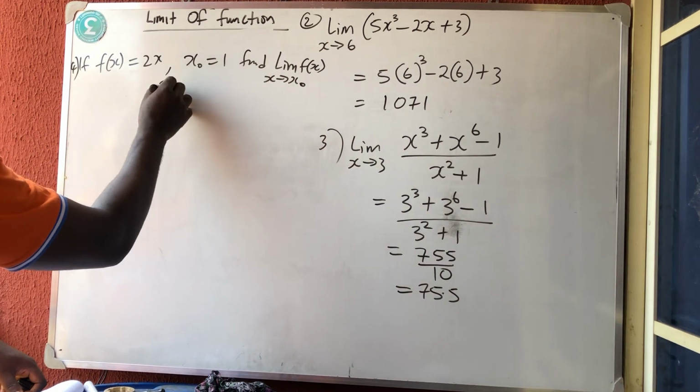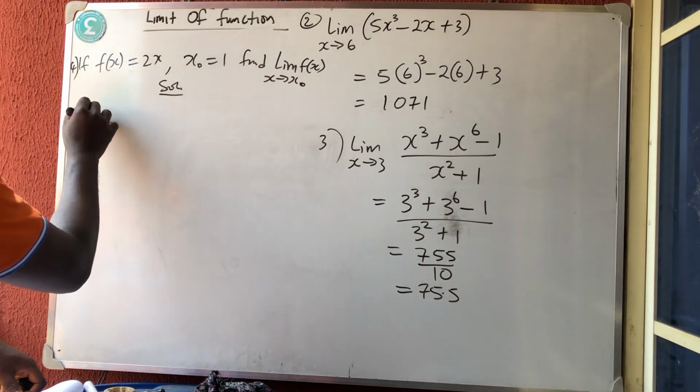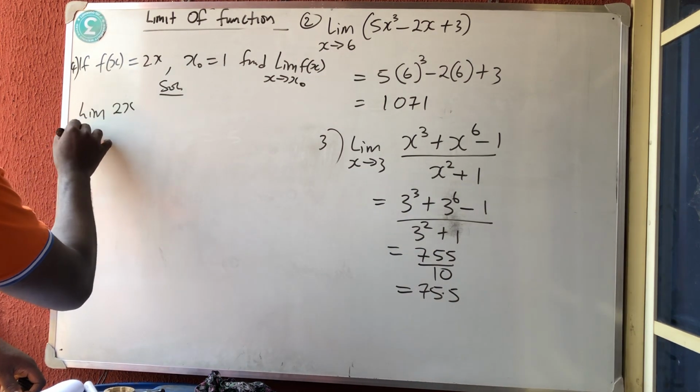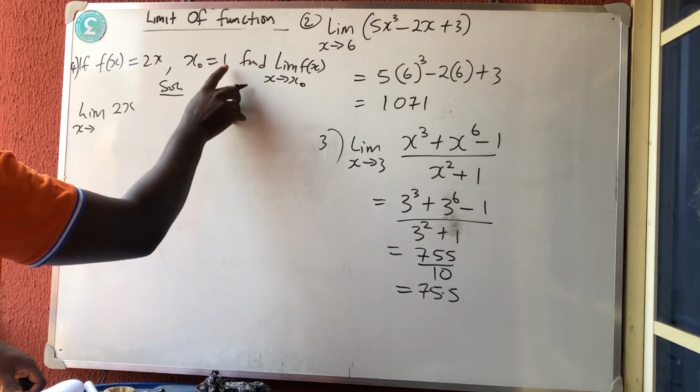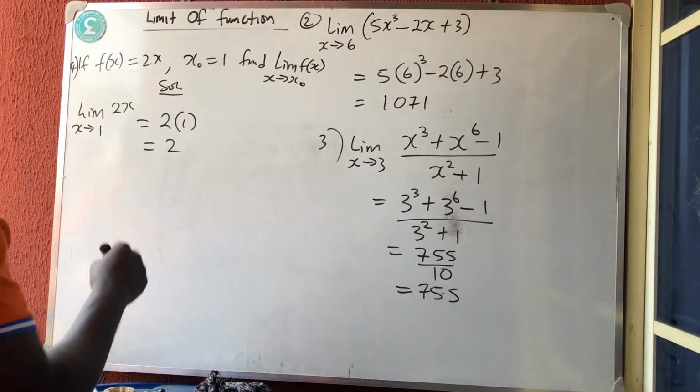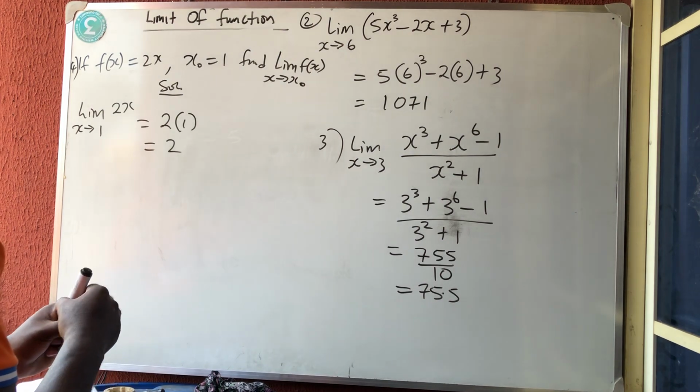Solution: the limit of f of x, which is 2x, as x approaches x naught, which is 1. My answer is 2 times 1, which is 2. It's very, very simple.